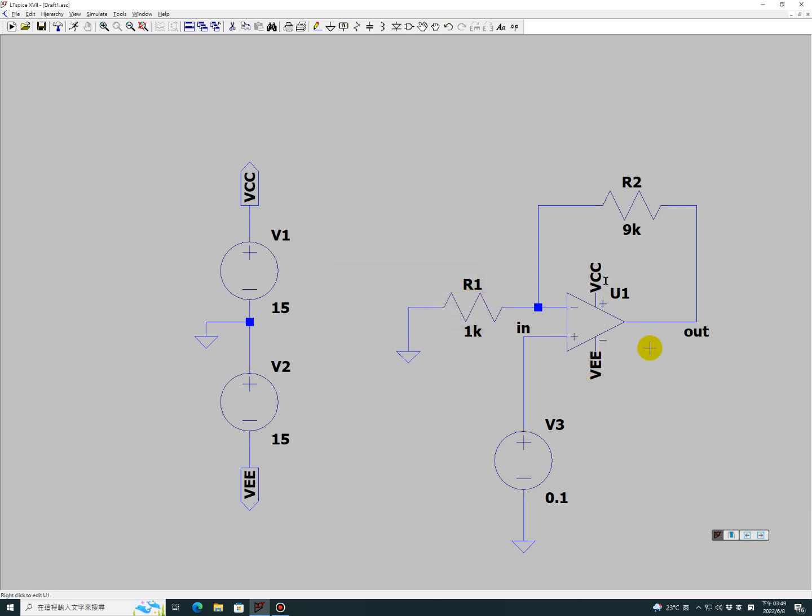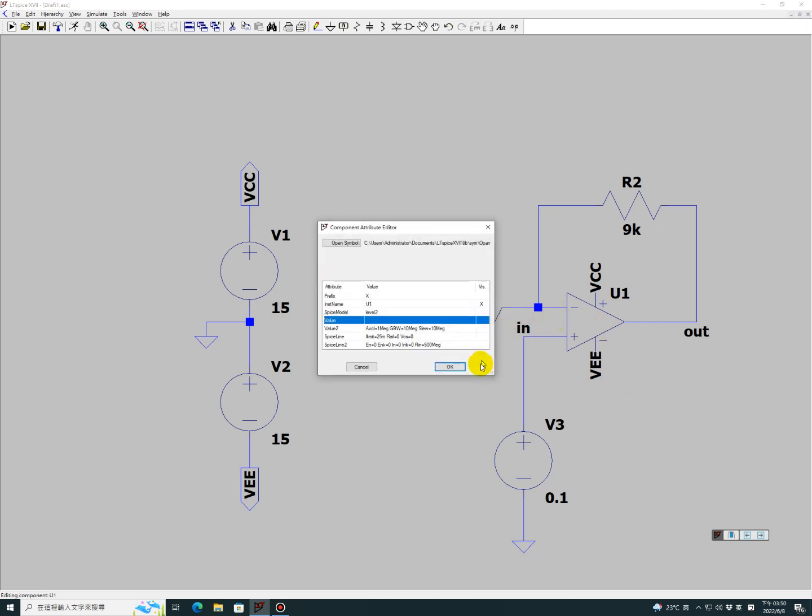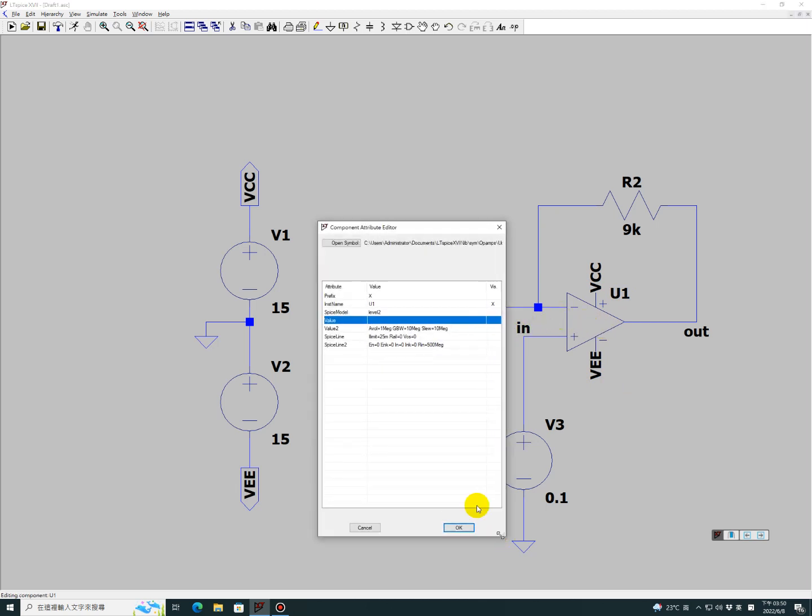Now I have to check the default properties to see if it's in level 2. Now you see here, indeed it's already in level 2. Of course, I can change it to other levels, from level 1 to level 4.